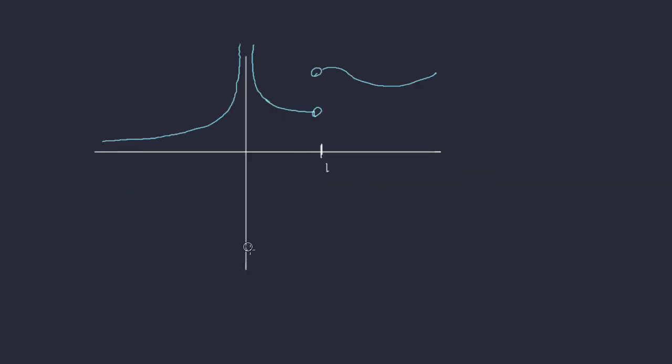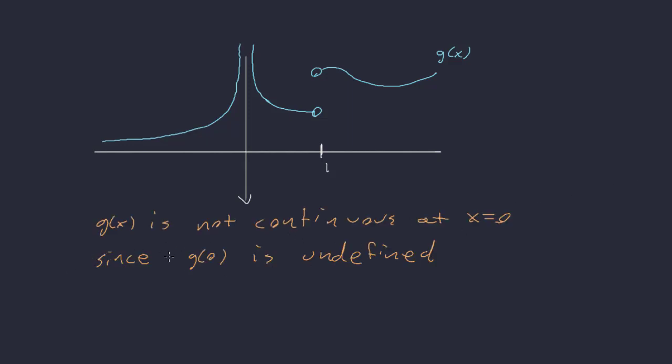All right. And as mentioned before, for this function, let's say g of x, it's still not continuous at 0. And that's since g of 0 is undefined, even though the limit would be infinity. But remember, when a limit is infinity, that's still a does not exist.